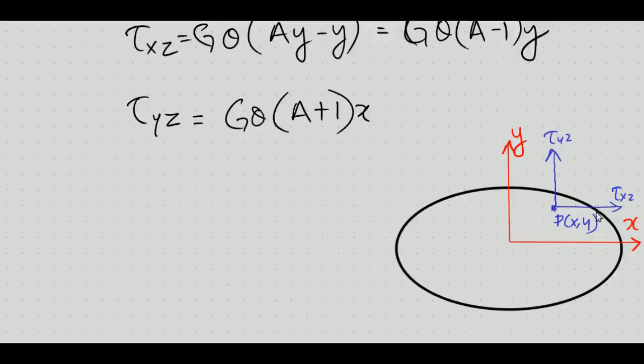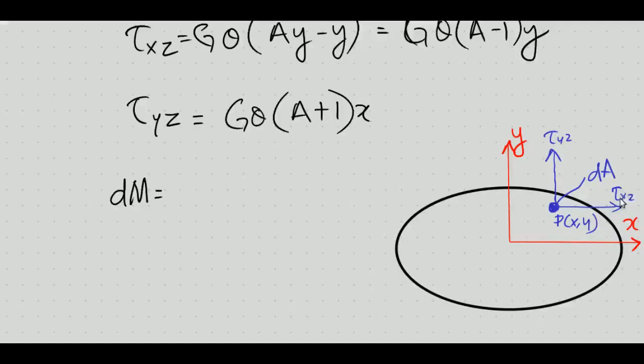So if we take a small elemental area dA here, the moment produced due to these shear stresses about this point, which is the center of twist, we will get dM equal to the moment due to this.